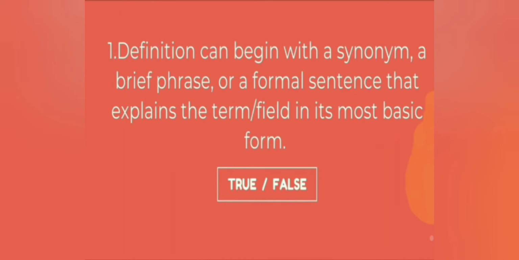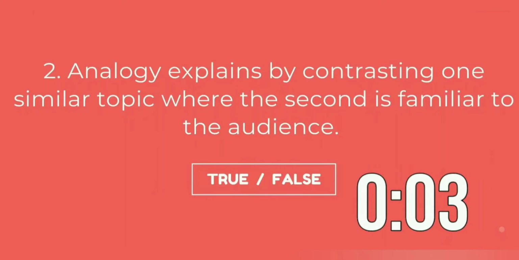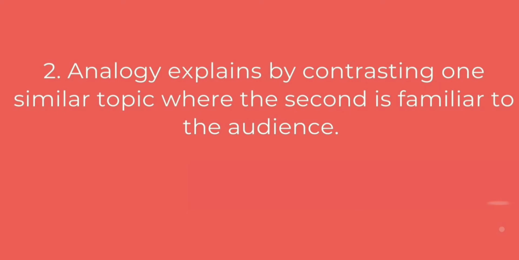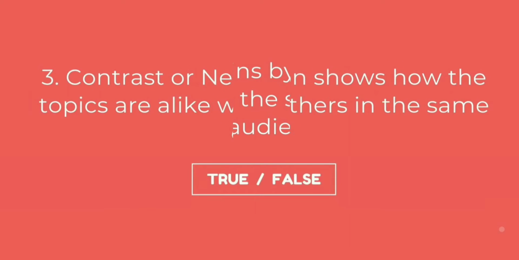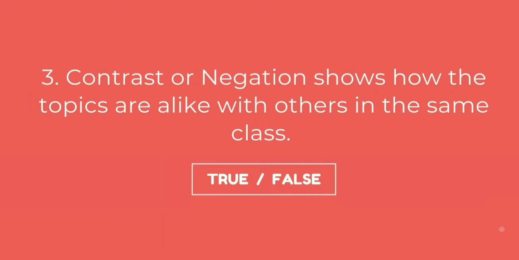The answer is true. Comparing similar. The answer is contrasting one to the similar topics differs. Number 3. Contrast or negation shows how the topics are alike to the others in the same class. Your time starts now.